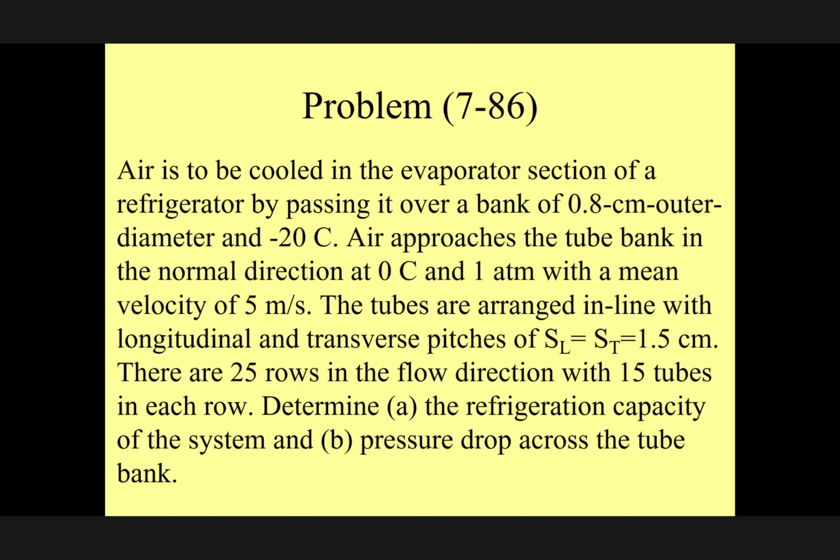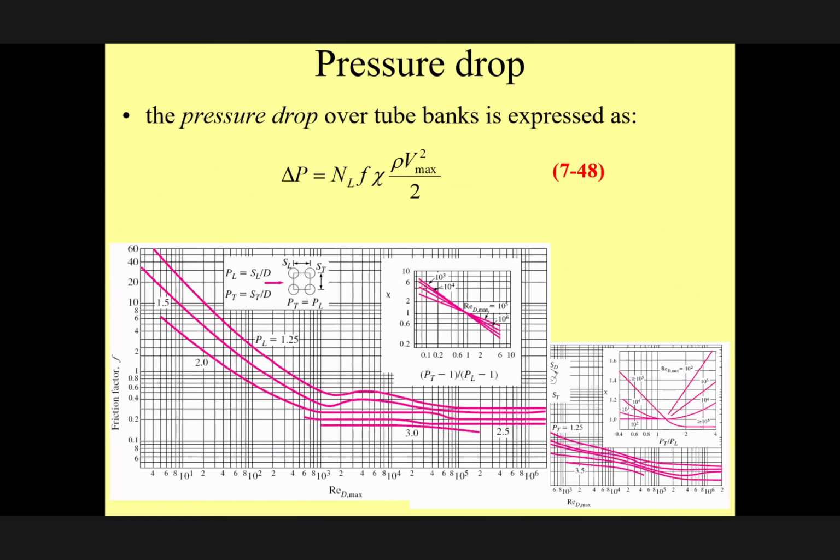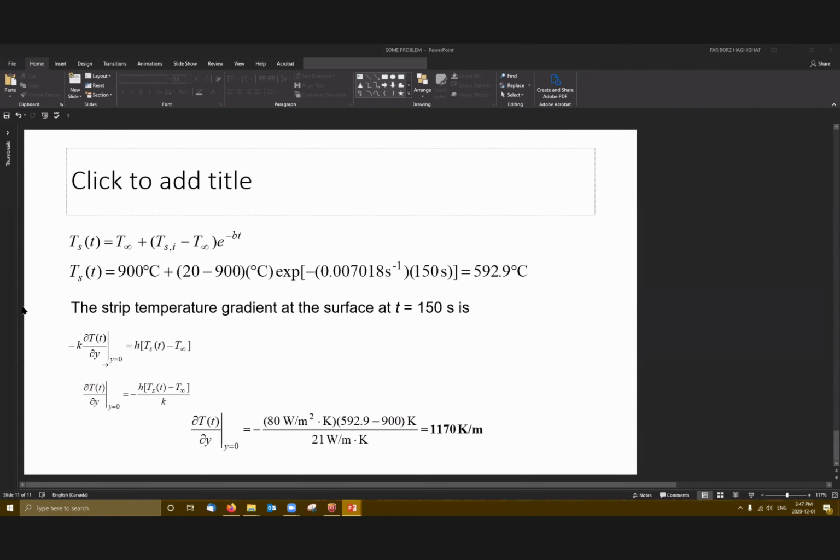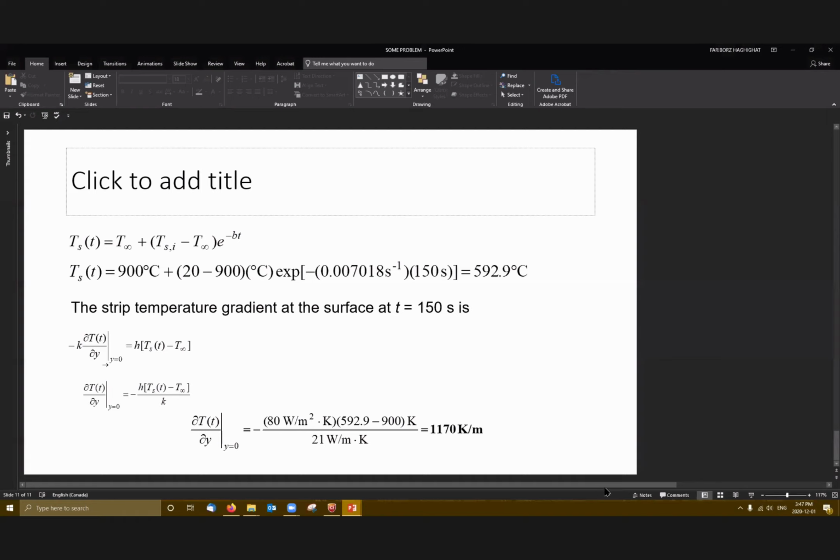Sir, I have a question, but it's for the previous example. You said that you took the conductivity of the plate instead of the fluid. Good question. We mentioned right here, discussing right here, this equal, right?